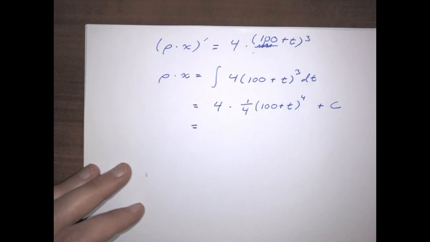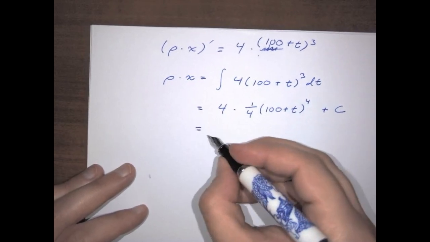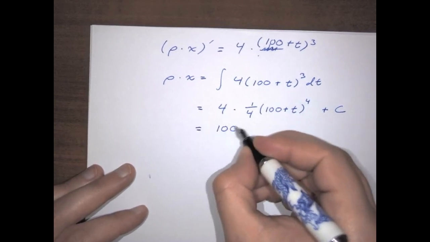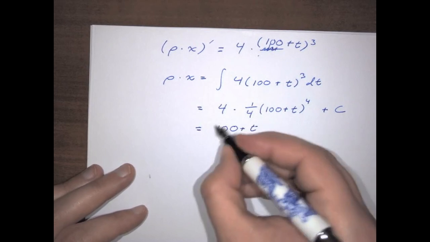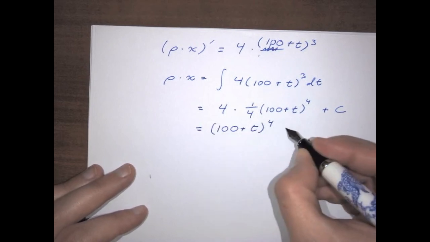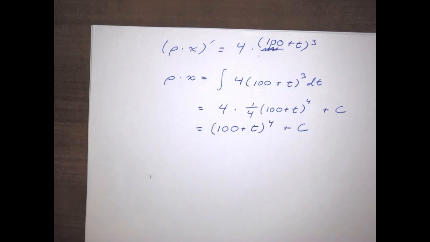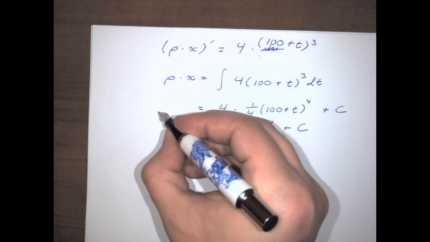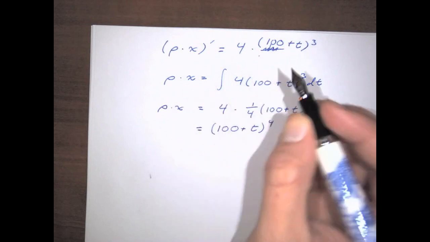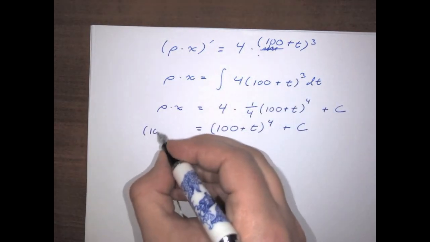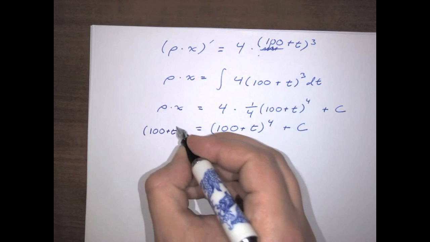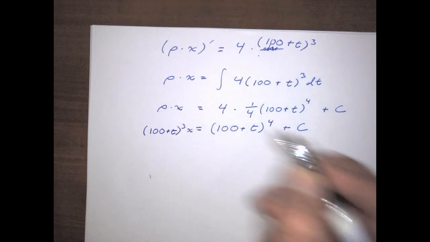And so then that's going to cancel, and we're just going to end up with 100 plus t to the 4th power plus c. But over here, this is what rho times x looked like. But what was rho? 100 plus t cubed times x.